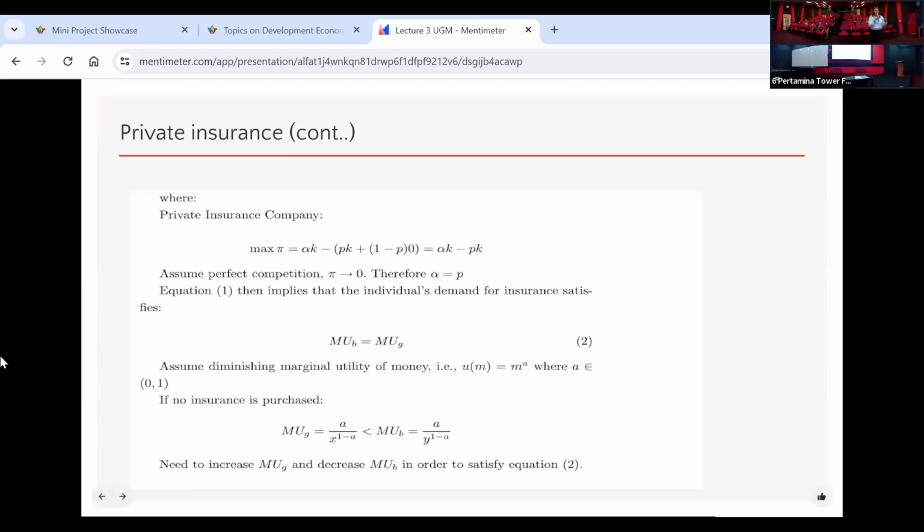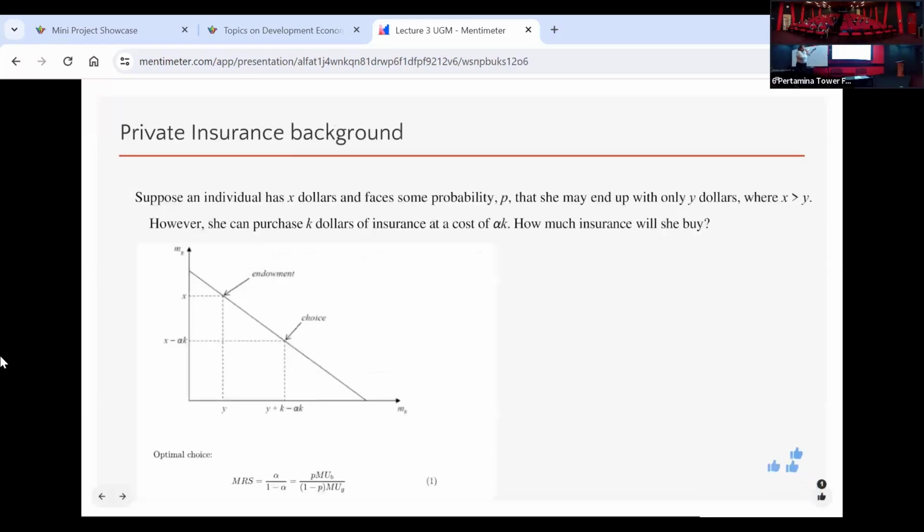However, from this particular situation, you can see that the marginal utility of good is smaller than the marginal utility of bad. How does this happen? Because remember on the first slide, we said that X was bigger than Y. If nothing happens, you have more money than if it happens. Look at it.